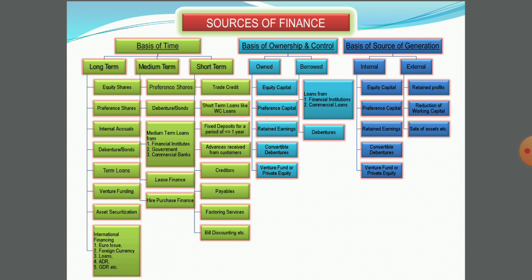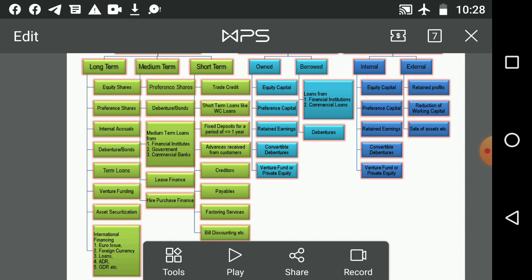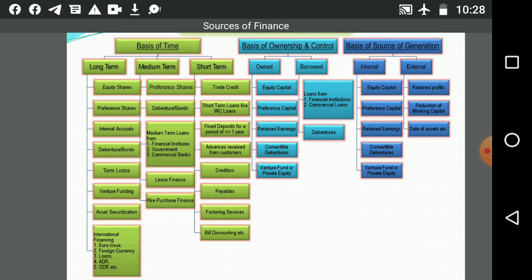Owned funds are the funds which belong to the owners of the organization, and borrowed funds are the money borrowed from outsiders. Examples of owned funds are equity shares, preference shares, convertible debentures, and borrowed funds are loans from financial institutions or banks; debenture is also one form of borrowed funds.